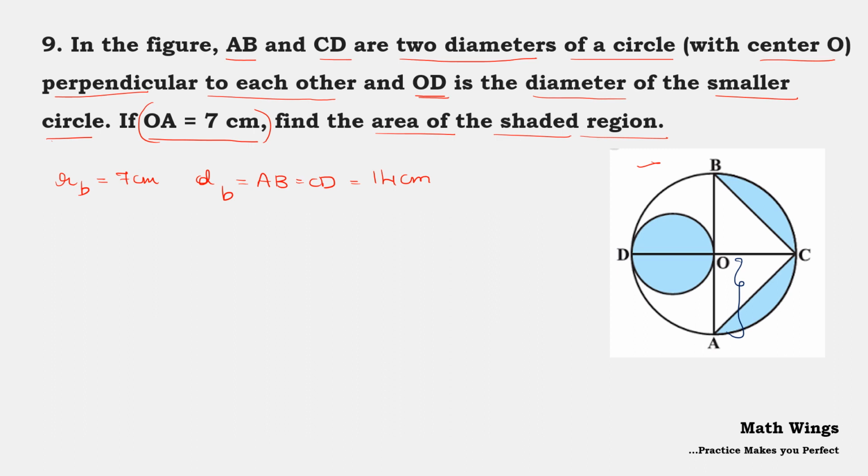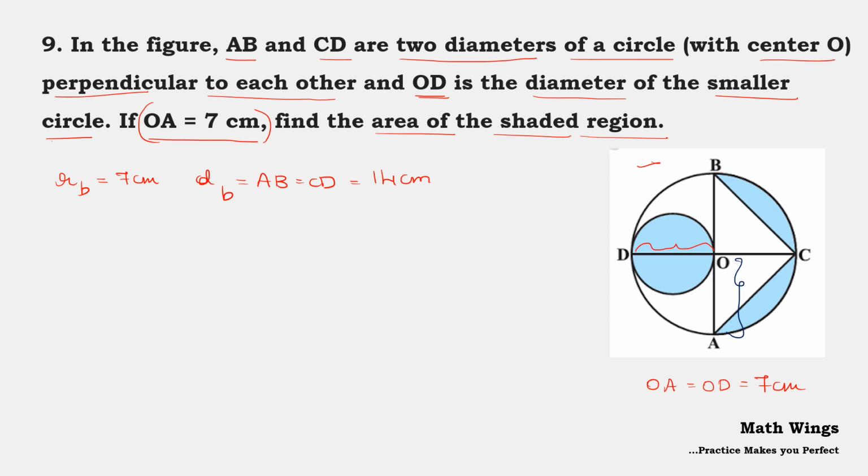Correct? Now, what's the diameter of the smaller circle OD? Which is nothing but the radius of the bigger circle. Correct? Therefore, OA, which is equal to OD, is equal to 7 cm. So how can I write here?